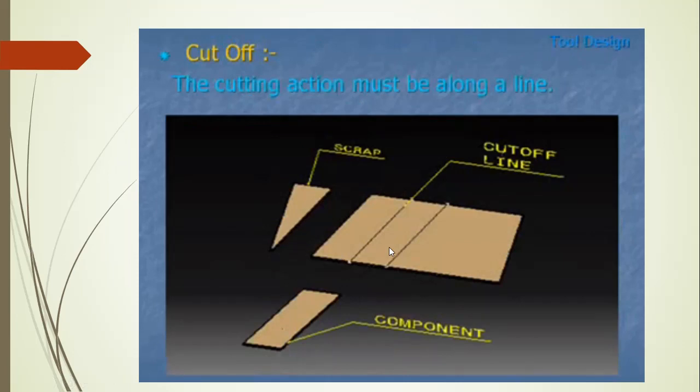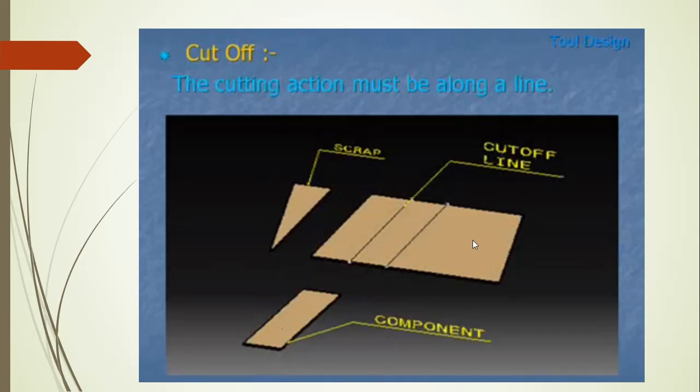Next is cut off. The cutting action must be along a line. Suppose your sheet metal is not properly rectangular, and you have to cut it into rectangular pieces. How do we cut it? We cut along a line. First we take a triangular piece of scrap from the sheet metal, and then components number 1, 2 and 3 are generated as rectangular pieces.